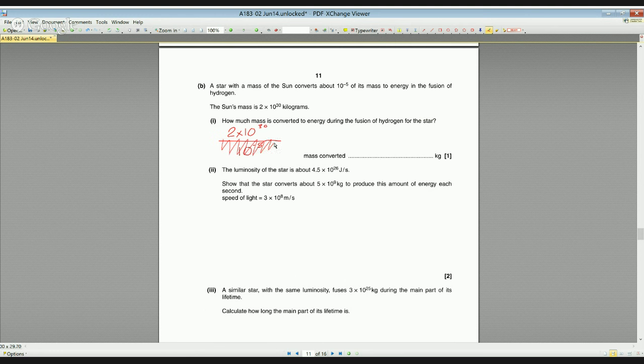We want to multiply it by 10 to the minus 5. Which is the fraction of the mass to energy, and then that equals 2 times 10 to the power of 25 kilograms.